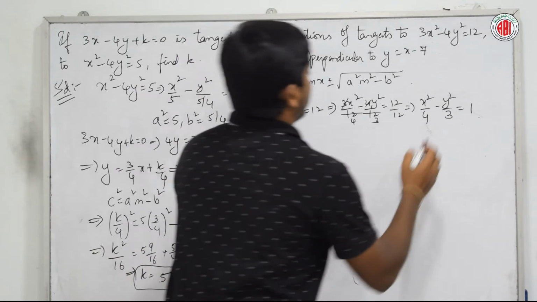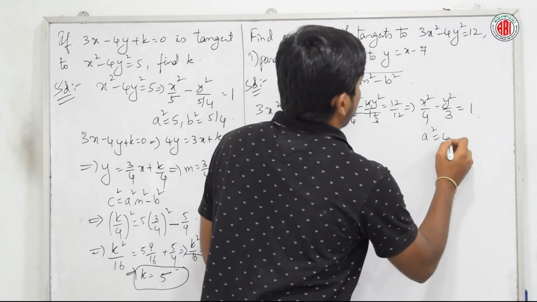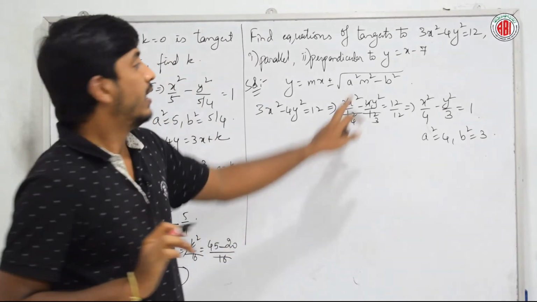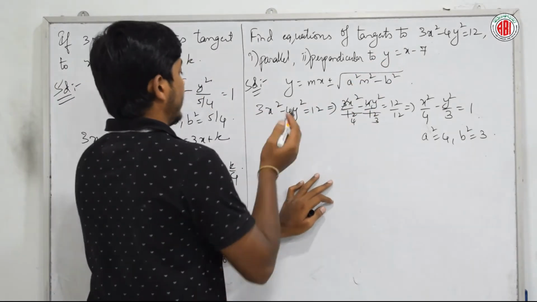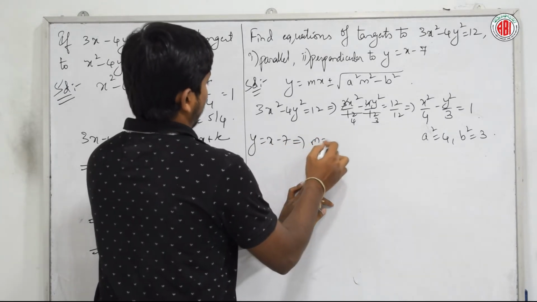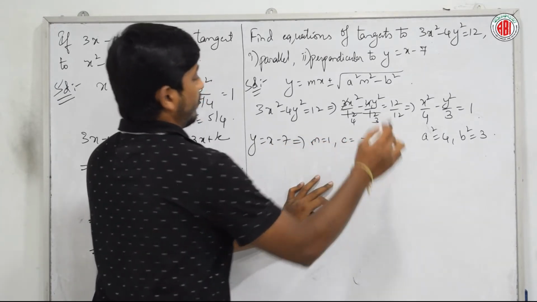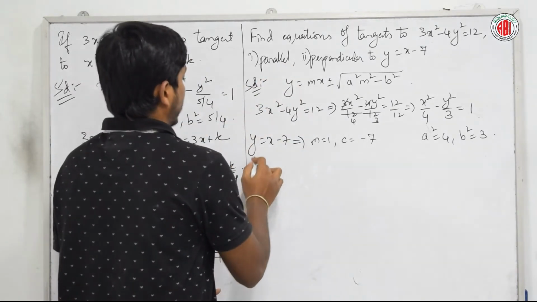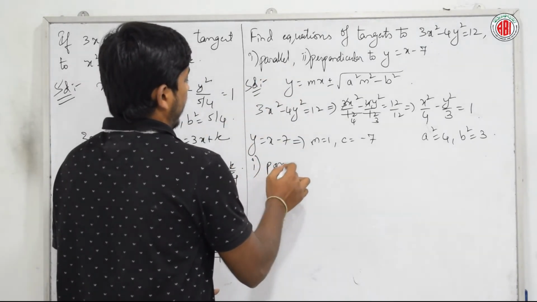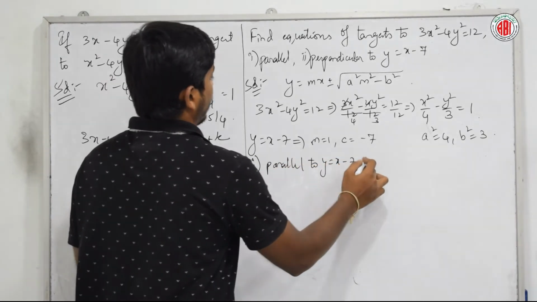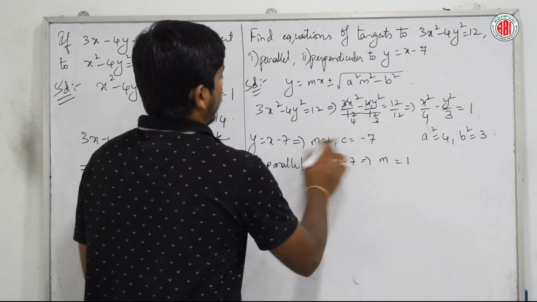So what is a square here? A square is 4, b square is 3. Done for that. Let us see from this. Y is equal to x minus 7. Obviously it is m is 1, c is minus 7. Is it? Now let us substitute in the formula. First one, parallel to y equal to x minus 7. So the slope is obviously 1.